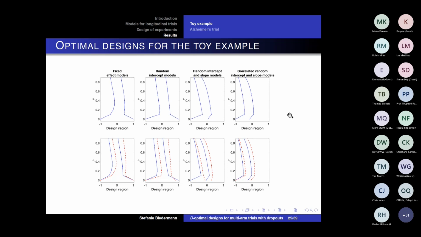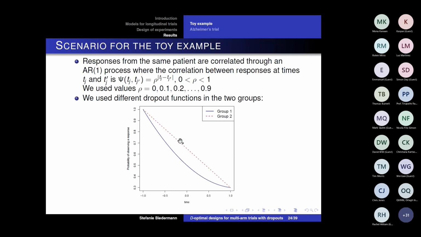Now what else can we see here? Let's go to the lower panel, and this is for the case where we allow the 2 groups to be measured at different time points. And here we remember that the red dashed group had this higher probability of being observed for most of the time axis, and the blue patients were dropping out earlier.